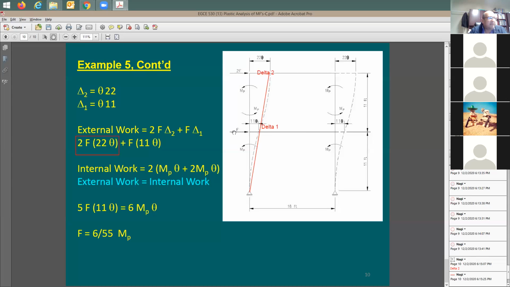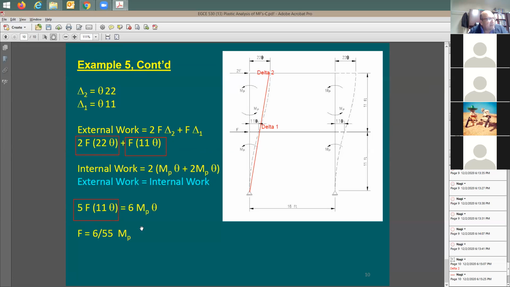For the bottom one, it's going to be F times 11 theta. All of this is going to be external work. I can add it up together, right? So when you add it up together, what would you end up with? Look at this, it's going to be 11 plus 44, which is 55. Okay, good.